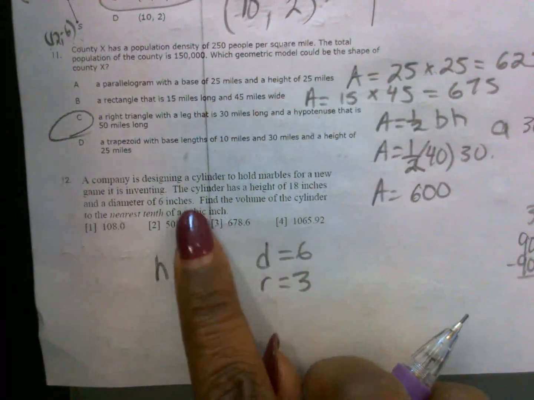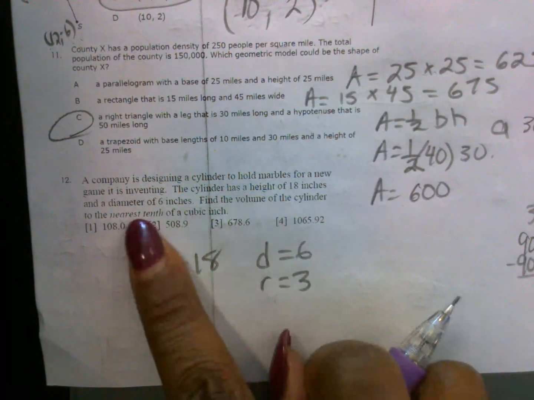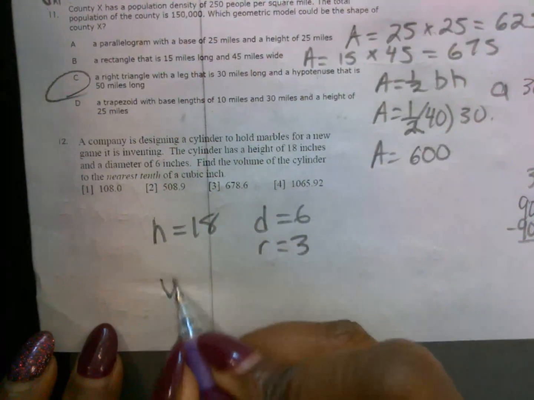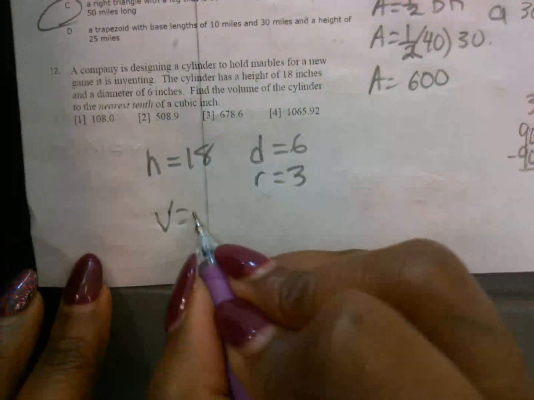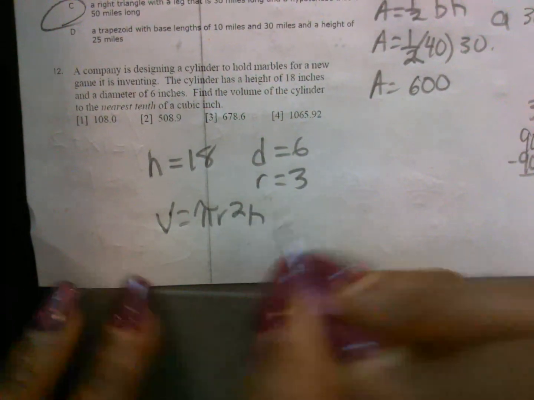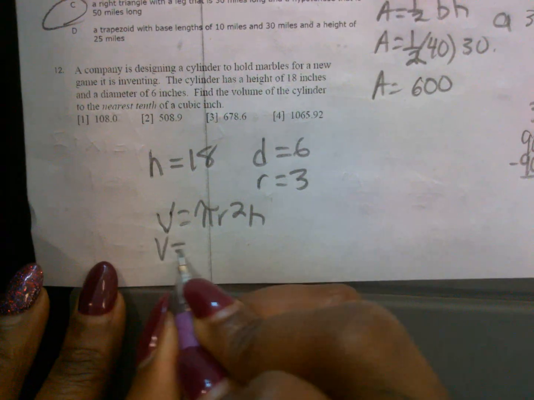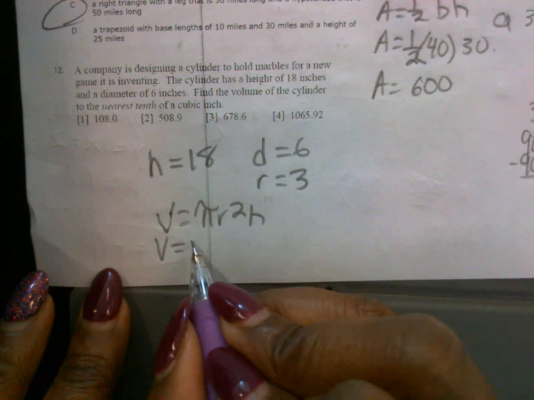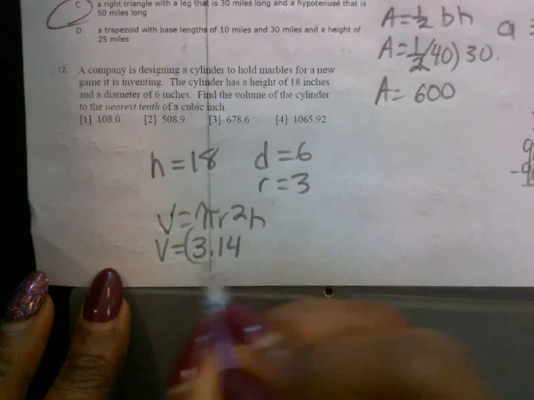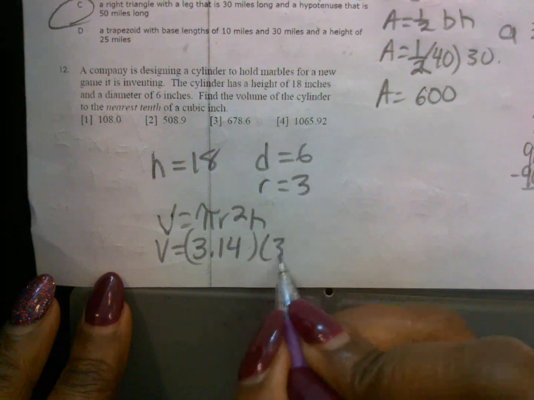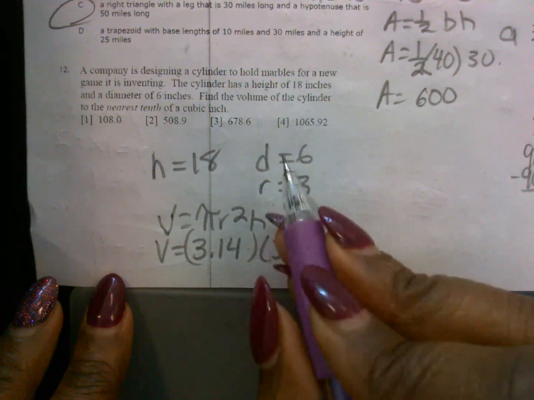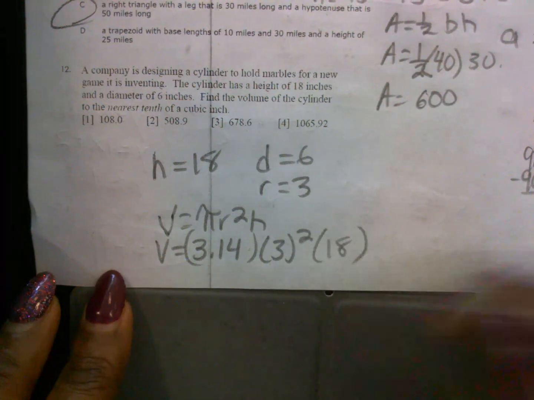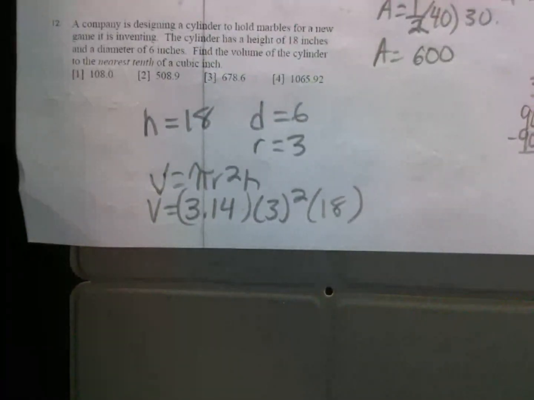Okay, it says find the volume of the cylinder. Volume of a cylinder is pi r squared times height.